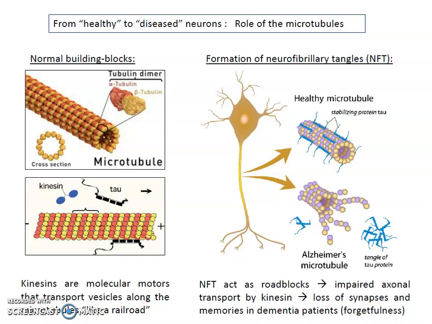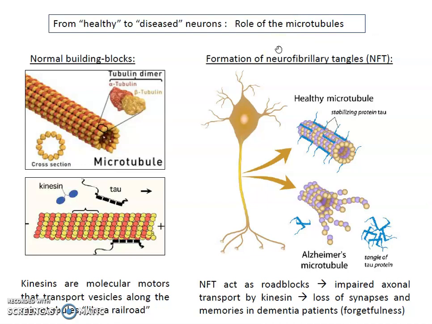In this slide we will talk about how healthy neurons are transformed into diseased neurons in the case of Alzheimer's disease. As shown in the title of the slide, from healthy to diseased neuron, the role of microtubules. Microtubules play an important role in maintaining the structure of the neuron.